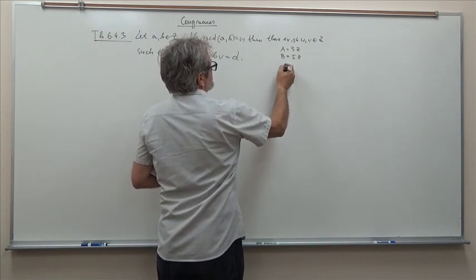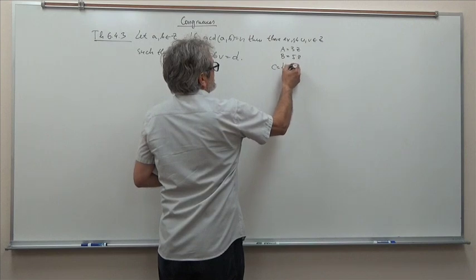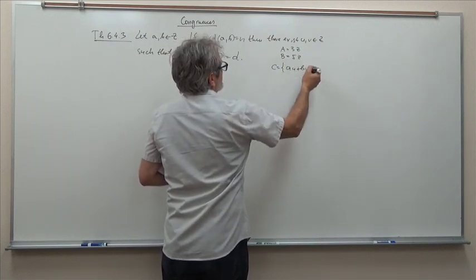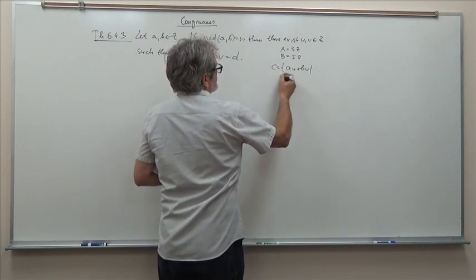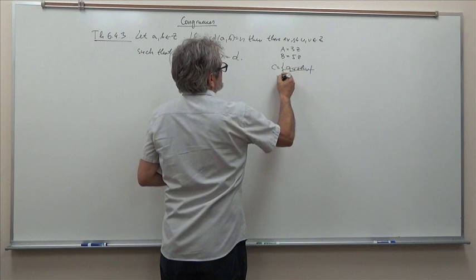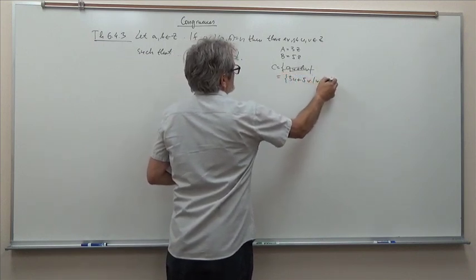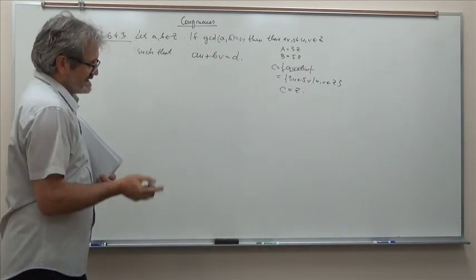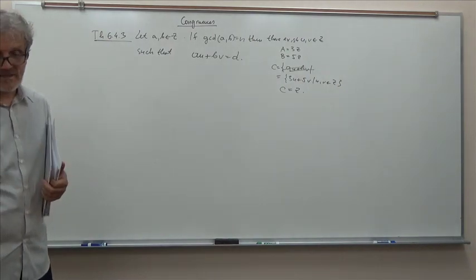And C was the set of 3U plus 5V, where U and V are integers, and I asked you, is C equals Z? Since 3 and 5 are relatively prime, this theorem says this must happen.